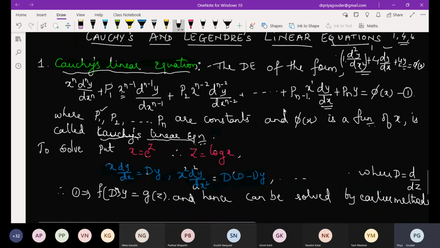To solve such an equation, the care you have to take is that if you have a second order derivative, along with that you should have x square only. If you have a first order derivative, you should have x along with that. Otherwise it is not Cauchy's. Whatever the order, the power of x should be the same for that particular term. Then only it is Cauchy's linear equation.